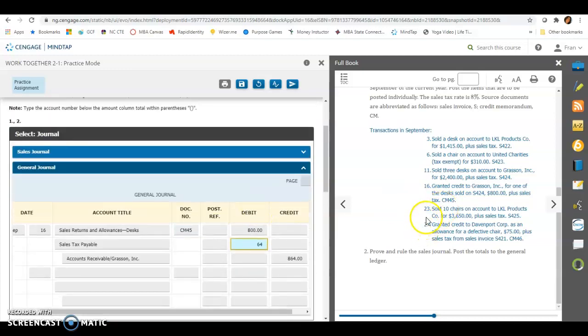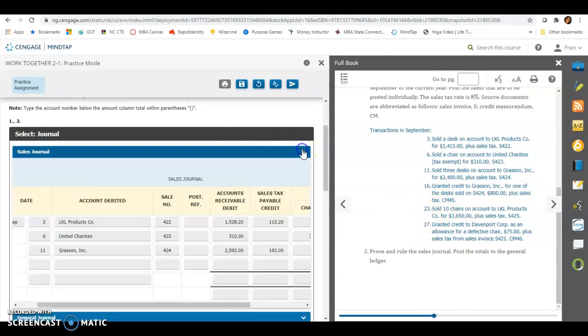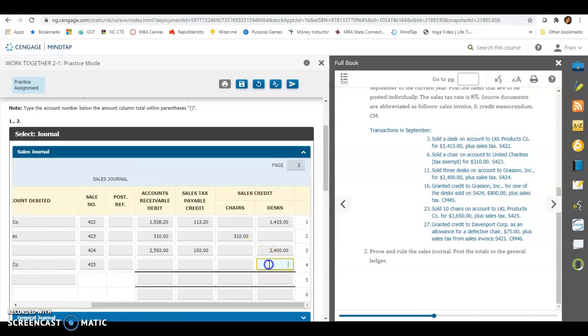Okay, next one on the 23rd. Sold chairs to LKL Products for $3,650.